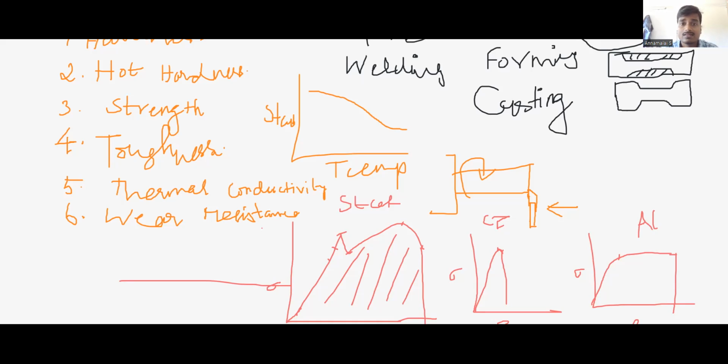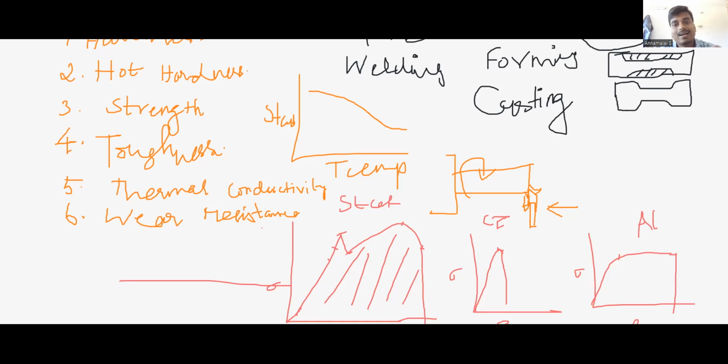As I said earlier, temperature plays an important role in wear resistance. At the rake face, this phase is called the rake face, the chip is flowing over the rake surface. So the tool is taking a large amount of heat with itself.